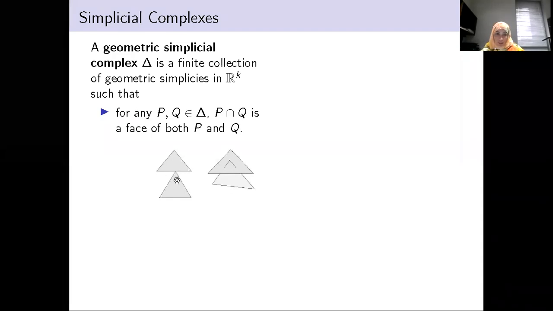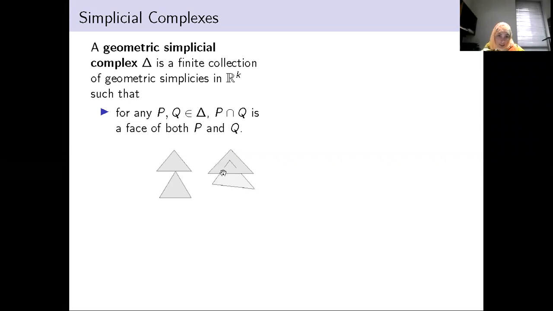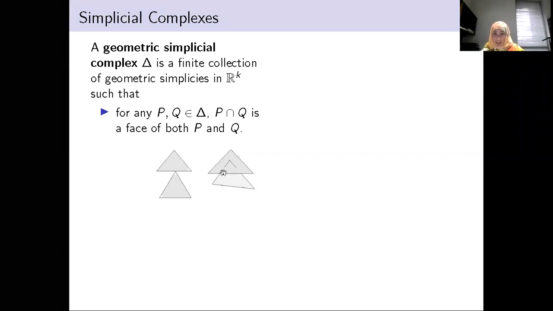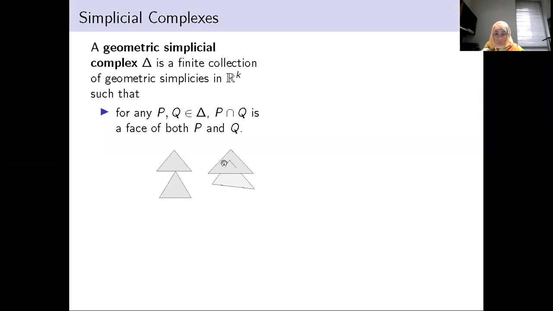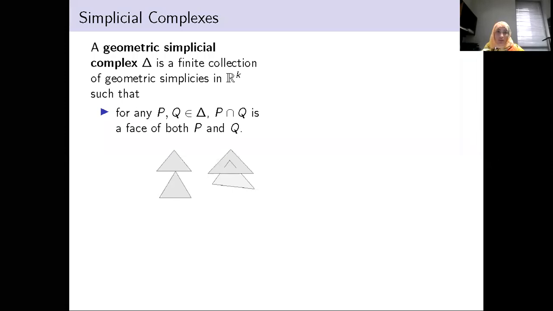For example, in the first picture, the intersection is just a point, which is a vertex, which is a face of the below triangle, but is not a vertex of the above one. And in the second picture, again the intersection is a line, and it is not a face of both of them. So we are not allowing such situations in our simplicial complex.